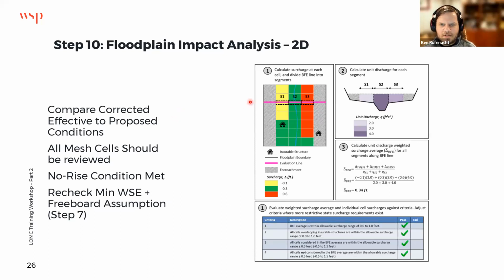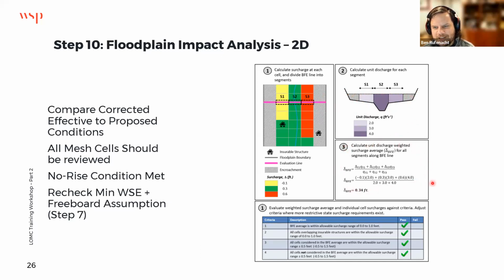So we're going to draw these evaluation lines across our 2D mesh. And across that line, this is the cross section underneath that line, we have to make sure that the average surcharge across all these cells meets the criteria.